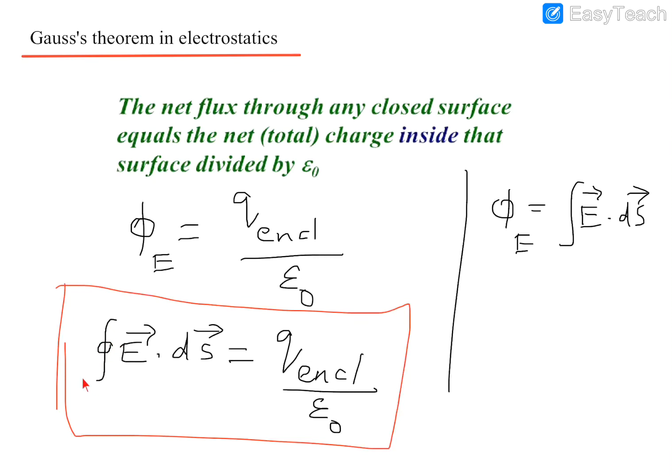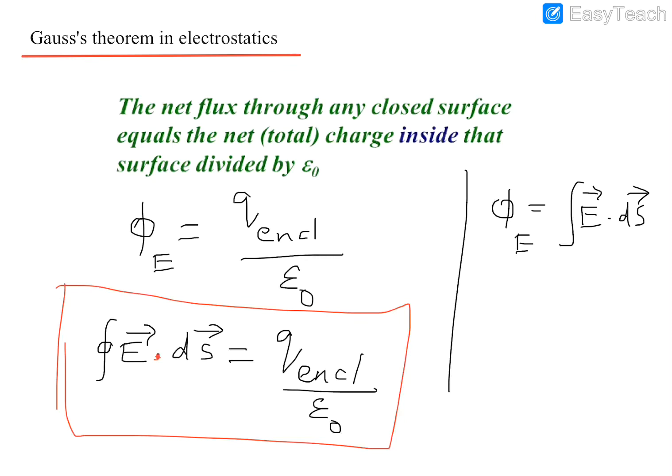It is pronounced as closed integral. You are integrating over a closed surface, that is the meaning. And what you are integrating? You are integrating E dot ds, it is a dot product. Please remember, it is a dot product, is equal to Q enclosed by epsilon 0. This statement is nothing but the mathematical statement of Gauss's theorem.